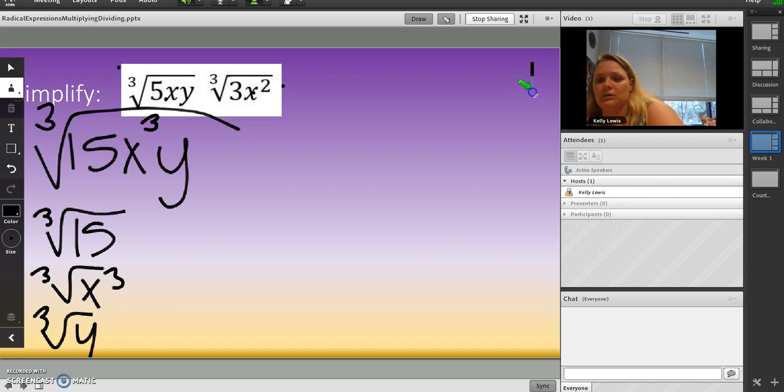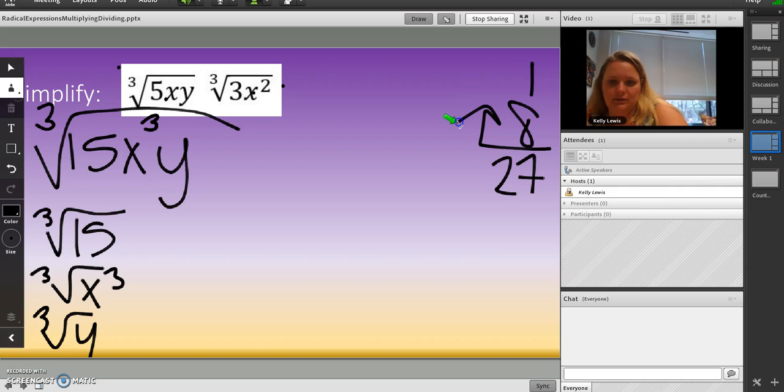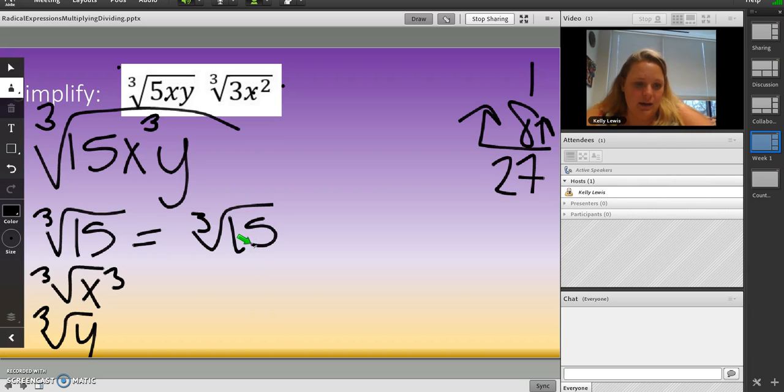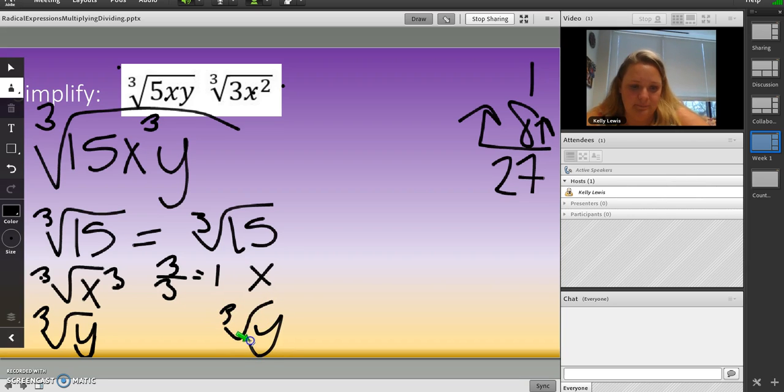So the cubes are 1 times 1 times 1, 2 times 2 times 2, 3 times 3 times 3. 15 happens right here, but 15 can't divide by 8, so it stays. Then we do that 3 divided by that 3, and I get 1, so it's just regular x. And then this can't simplify anymore, so it's just the cubed root of y.